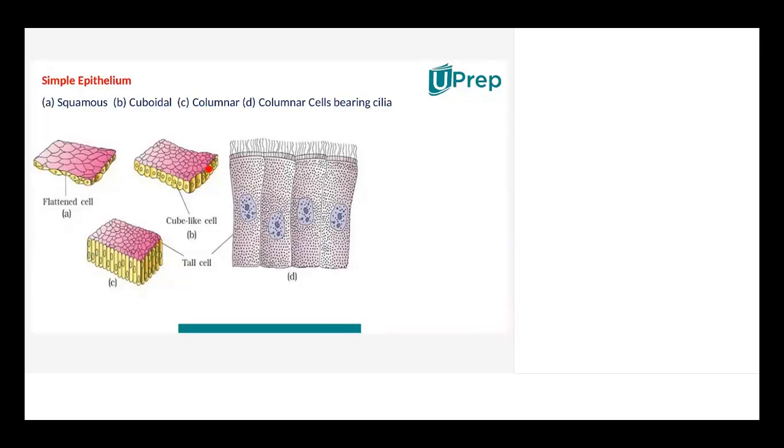That's why they are called simple epithelium. So this is cuboidal epithelium. When you take columnar epithelial cells, they are again single layered, but very elongated, slender, tall cells. This is the columnar cell with cilia, the hair-like projections I am talking about. We'll see why this structure is like this, with columnar cells having cilia. This is simple epithelium: squamous, cuboidal and columnar types.